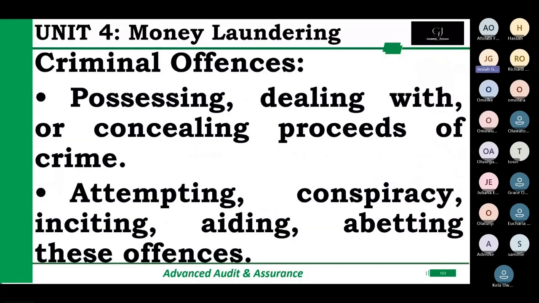So we have criminal offenses speaking to possession, dealing with or concealing proceeds of crime, crime against the state, crime against humanity, and also attempting, conspiracy, inciting, aiding, and abetting these offenses.